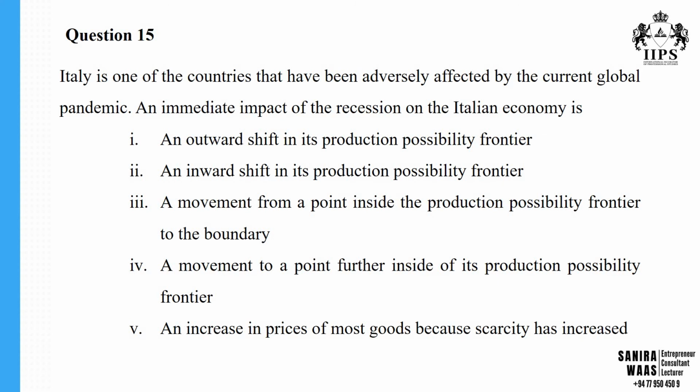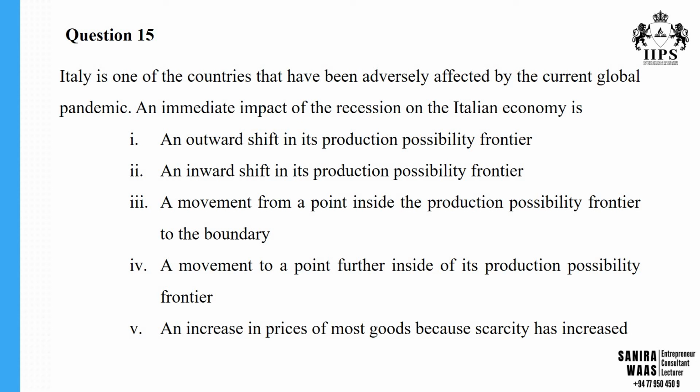Going back to question number 15, the last question for this part 4 discussion of the MCQ paper 1. Italy is one of the countries that have been adversely affected by the current global pandemic.